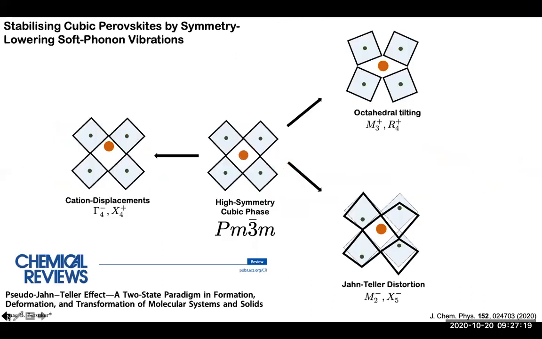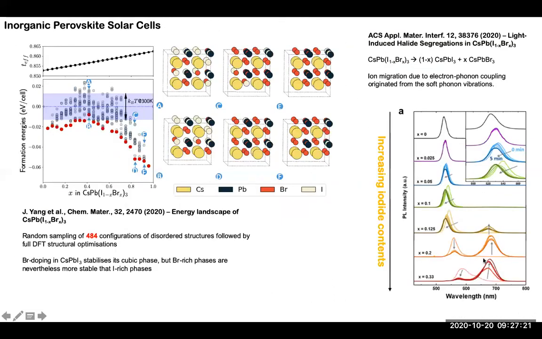Whereas in the experiment, we show that as you have more iodide, they are prone to phase separation upon shining the light. So that also shows that there is stronger electron phonon coupling in the system. So for us, we think that the theory does reflect what's happening in the experiment.